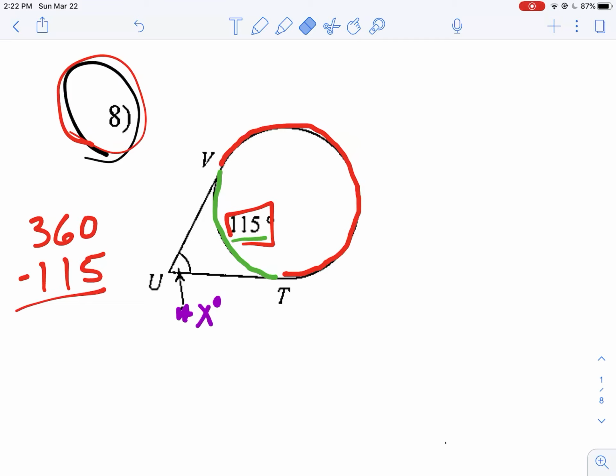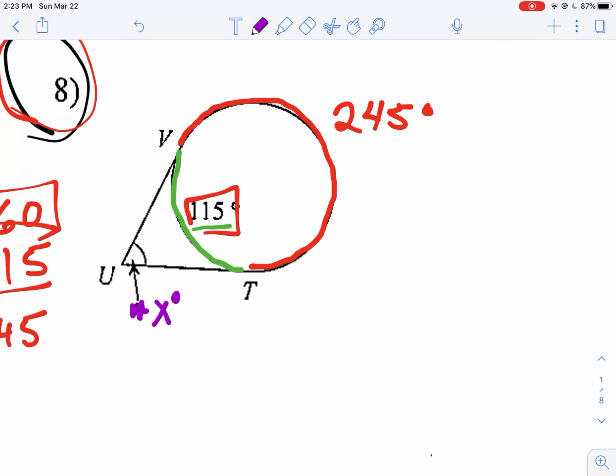The big arc is 245 degrees. You may have to do that from time to time. If they give you only part of it, you need to find the other part. Well, I know the total is 360, so just take what I have out of 360. And we've done plenty of stuff like that before.